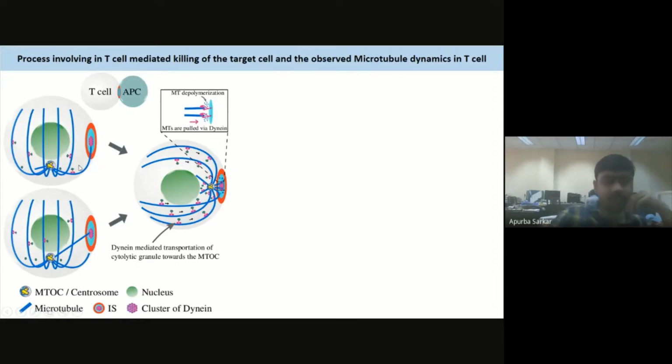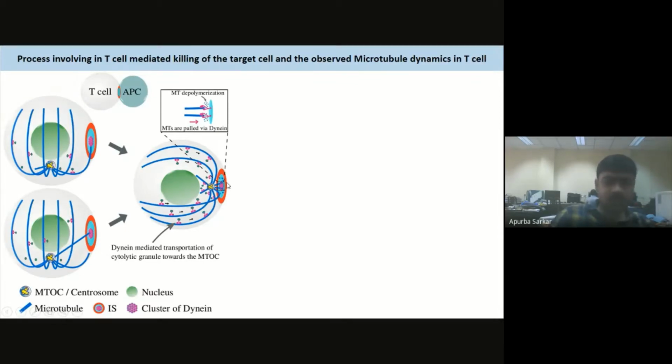The microtubule can glide along the cell surface and capture the target, or it can capture the target directly. Once the bond is formed, the simultaneous effect of dynein pulling on the microtubule tip and microtubule polymerization results in translocation of the microtubule organizing center, or the centrosome, towards the immunological synapse.